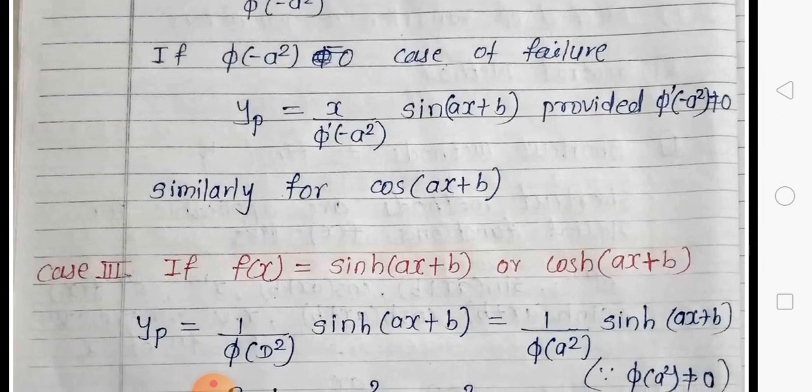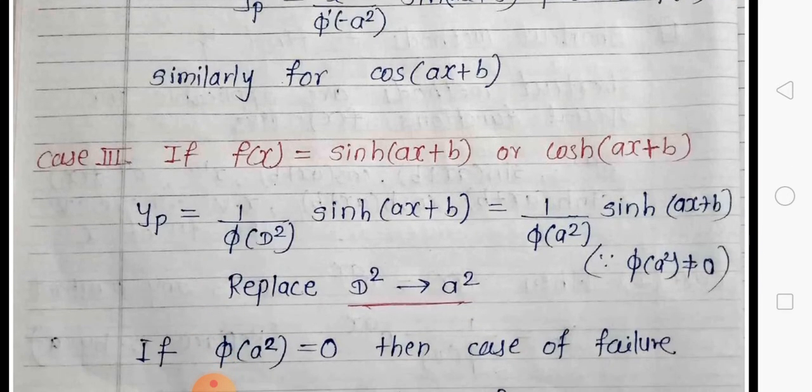If we get phi dash of minus a square equal to 0, then again we get case of failure. In that case, we write x square upon phi double dash of minus a square. And we use the same rule for the cos function.